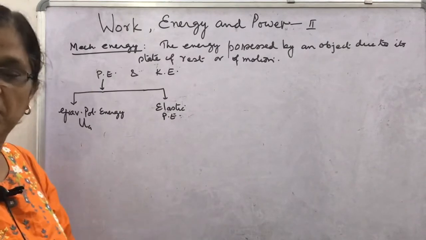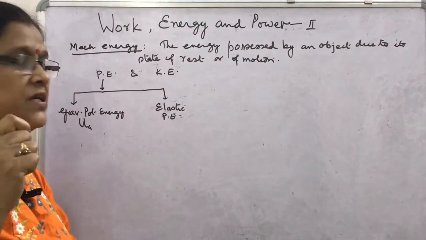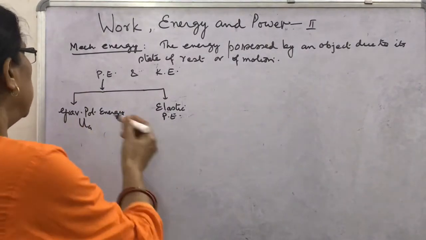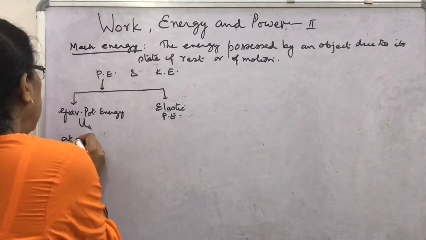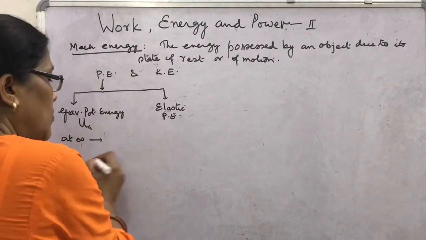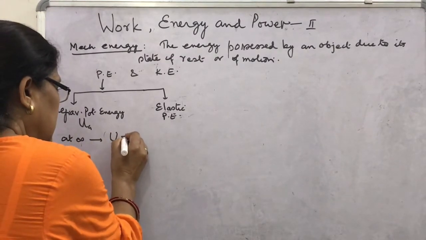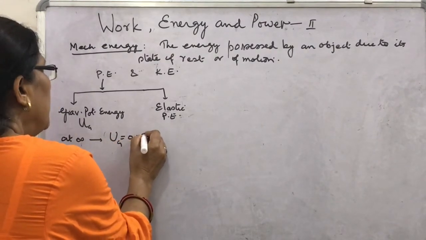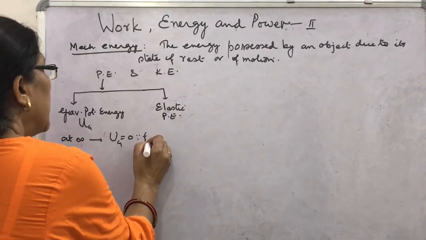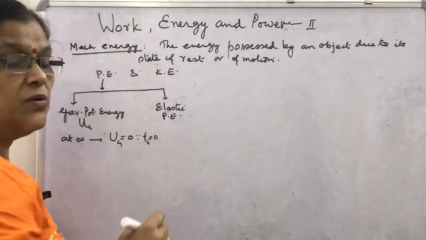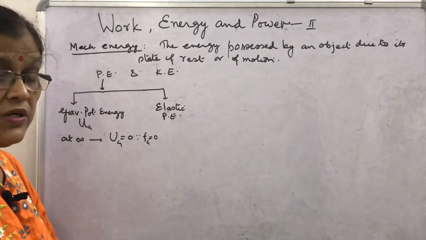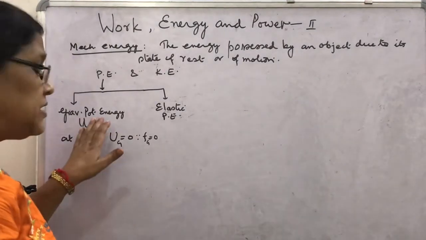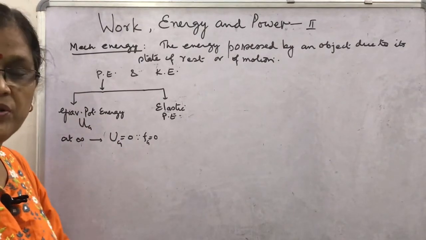So, due to change in position of the object, the energy possessed is gravitational potential energy. And you know, at infinity this potential energy is zero. Why? Because the force of gravity is zero, so potential energy is zero. What does it mean? How will you define gravitational potential energy?